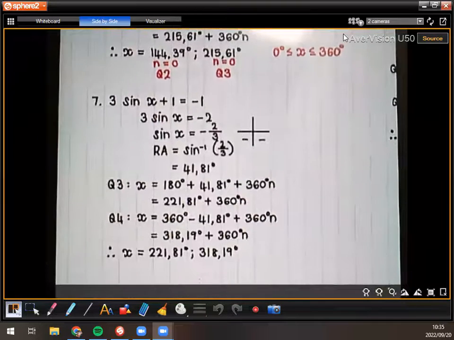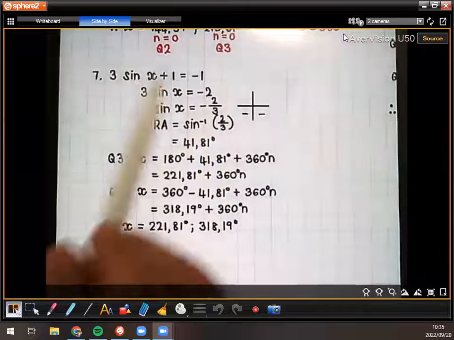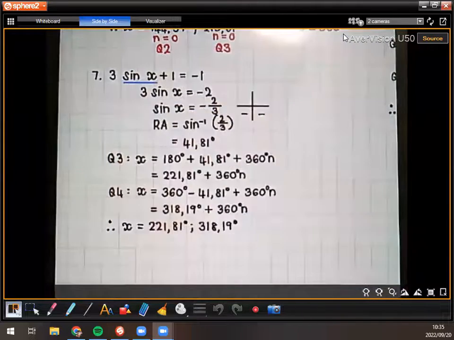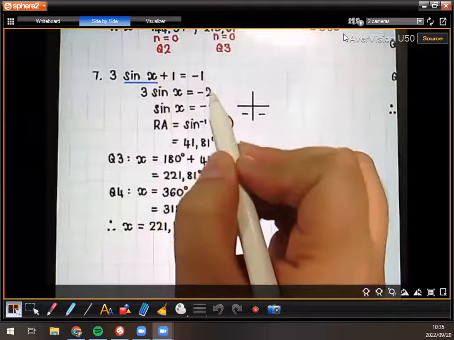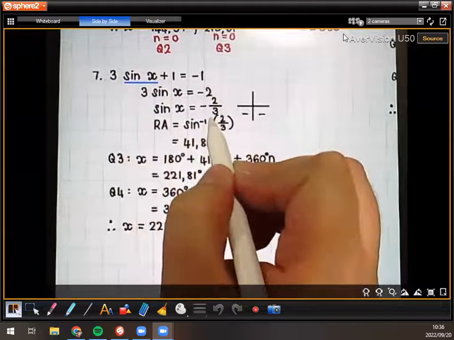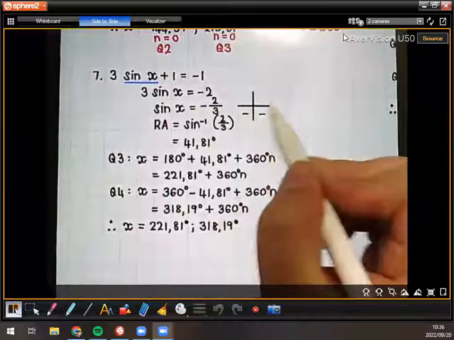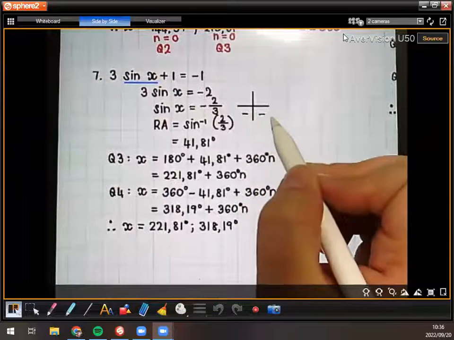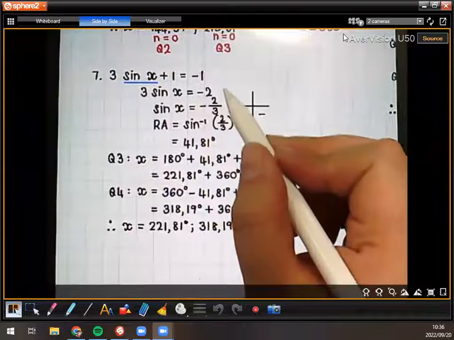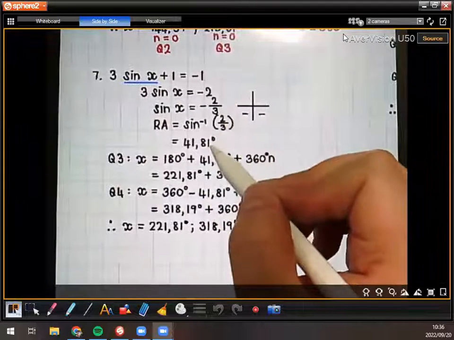Right, number 2 has a little bit more work involved here in the beginning. Remember, you always have to isolate your sine x. So first you take the plus 1 over and it becomes minus 1. And then you divide by 3. We have that sine is negative in quadrant 3 and 4. The reference angle, again, you take shift sine of the positive value always, which is 30.